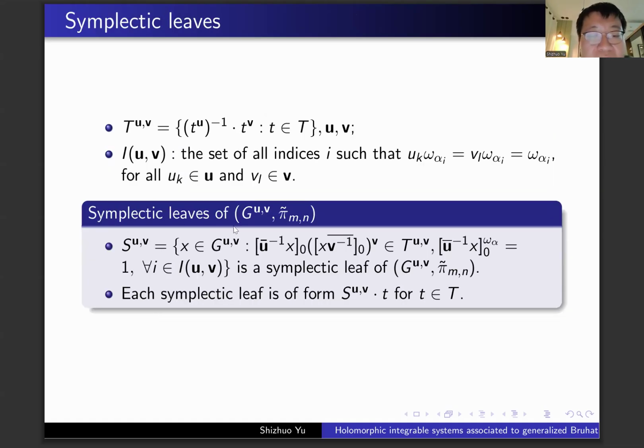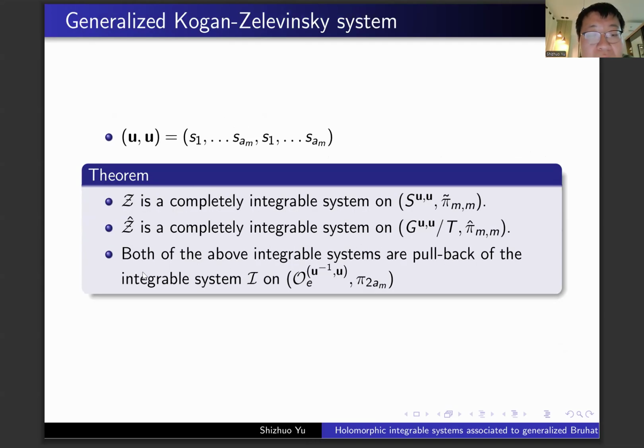And the symplectic leaves can also be described by the translation of the so-called S_{UV}.